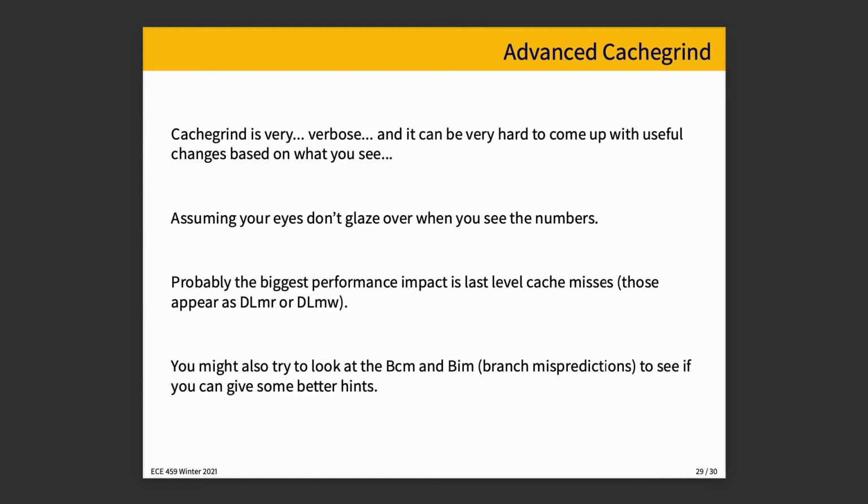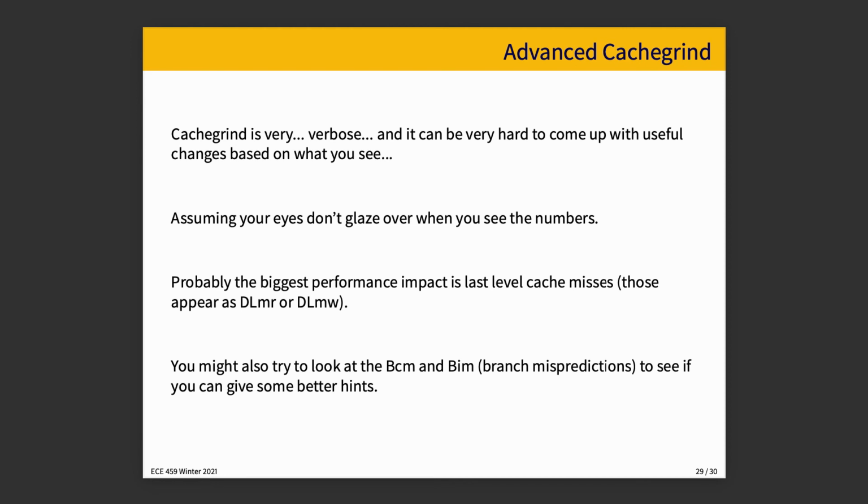As we have just seen, Cachegrind is very verbose, and it can be difficult to come up with useful changes based on what you see, and this is assuming that your eyes don't just glaze right over when you see the numbers. You're like, yeah, the words have meaning, and meaning does a thing. Probably the things that have your biggest performance impact are looking at last level cache misses.